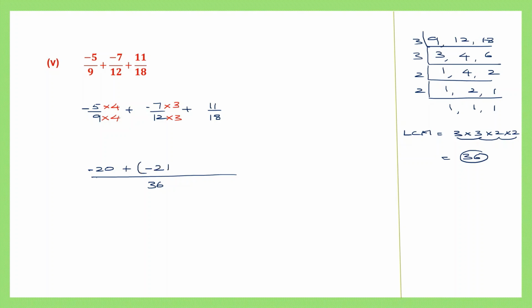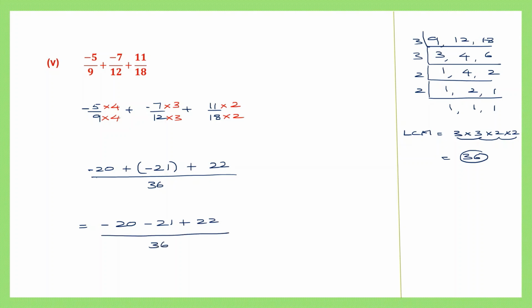Then the last rational number, 18 is the denominator. 18 2's are 36. So 11 into 2 is 22. So here what do we have? Minus 20. Let's remove the bracket. So it becomes minus 21 plus 22. And the denominator is 36.